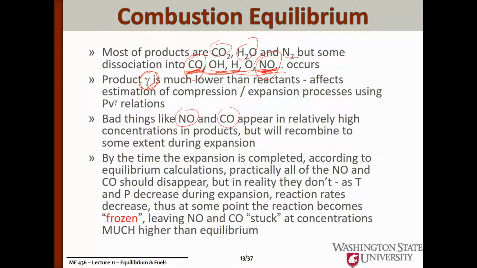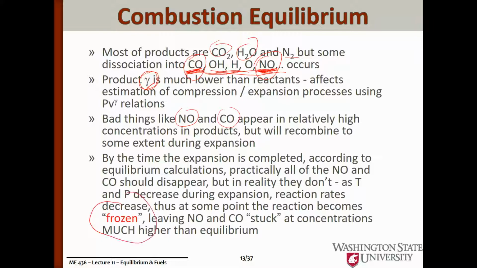But this is where we get into the kinetic problem. So equilibrium is one thing, but it takes some finite amount of time to get there. And at high temperatures, things happen really, really fast. So we can assume that the combustion immediately goes to equilibrium. As the temperature drops, things go slower and slower. So it starts to shift to less carbon monoxide and less nitrous oxide, but then that shifting slows down until it essentially freezes.